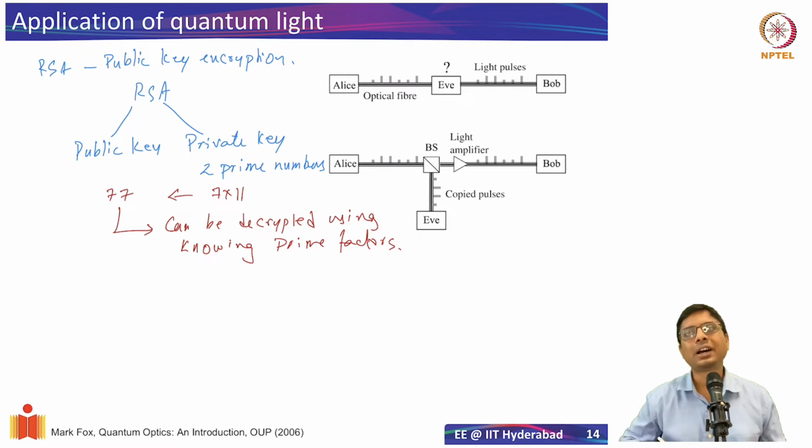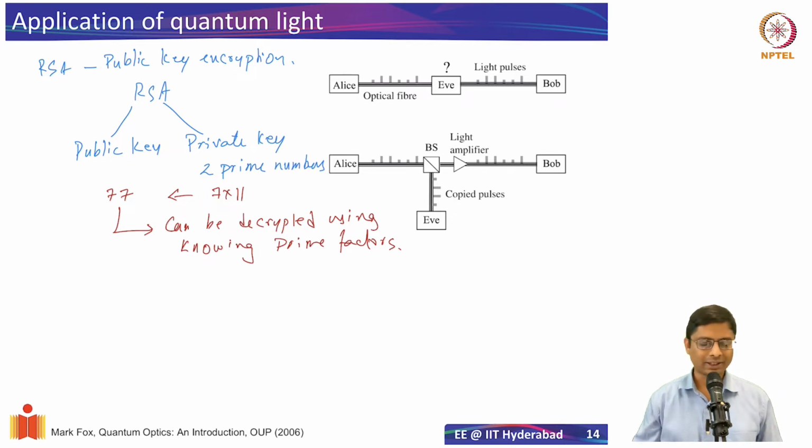Now if I have a large prime number, the factorization becomes very, very complex. In the computer science world, there is something called polynomial and non-polynomial time, P and NP.